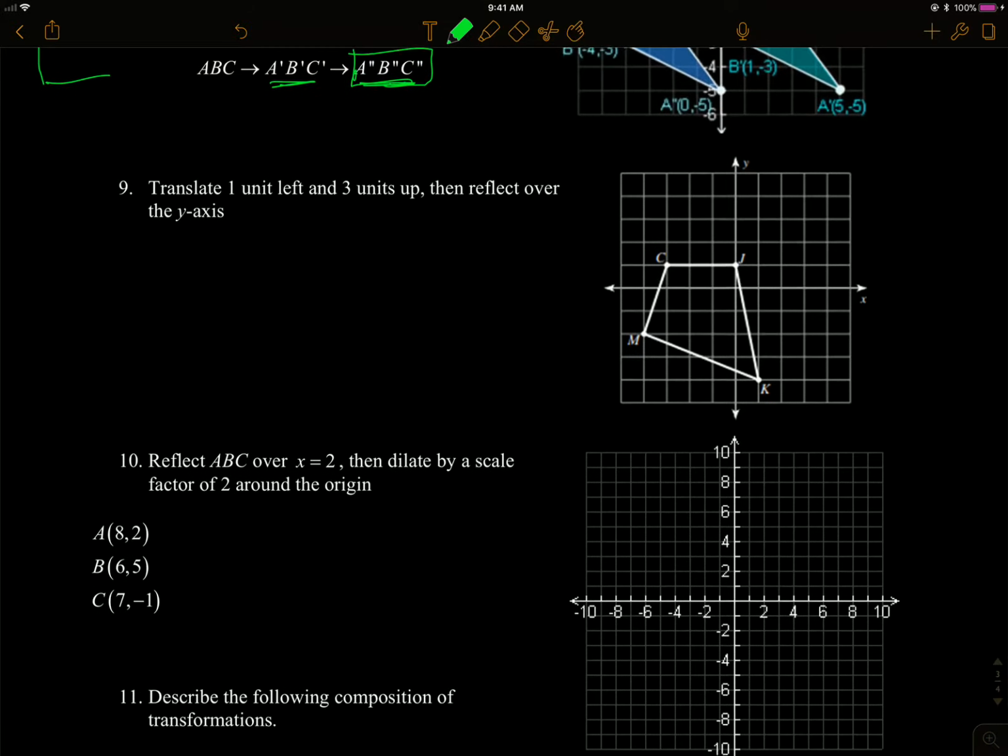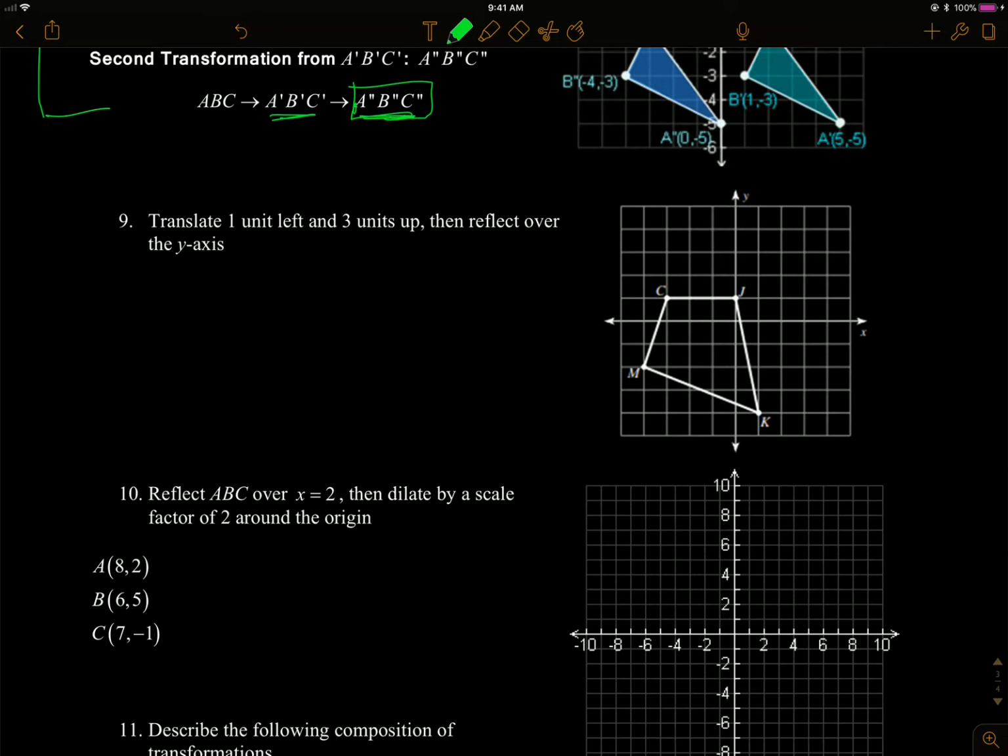Let's do number 9. Translate 1 unit left and 3 units up. So first we have a translation by the vector 1 unit left, so that's -1, and 3 units up. If you had me for geometry, we talked about these vectors. I believe you did in your other geometry classes as well.